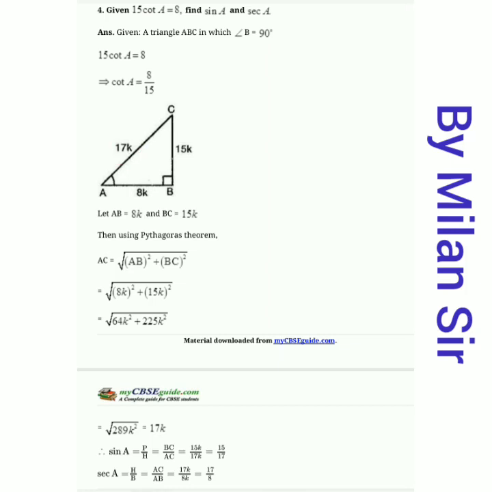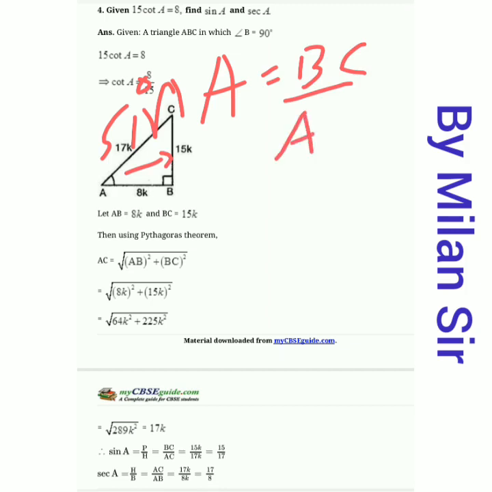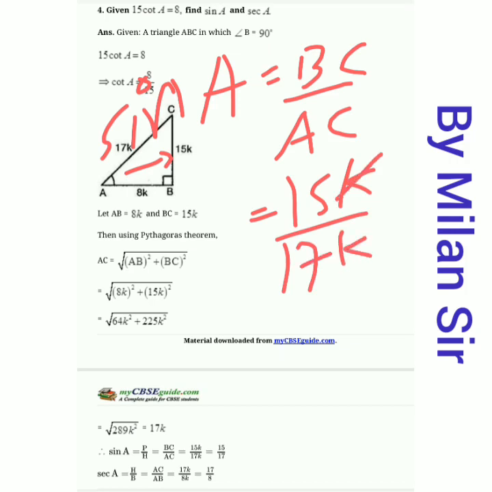Now sine A. Sine A, opposite, that means BC upon hypotenuse, it's AC. So put the value of BC and AC, 15k upon 17k. So your k k cut. So finally you got 15 upon 17, right?